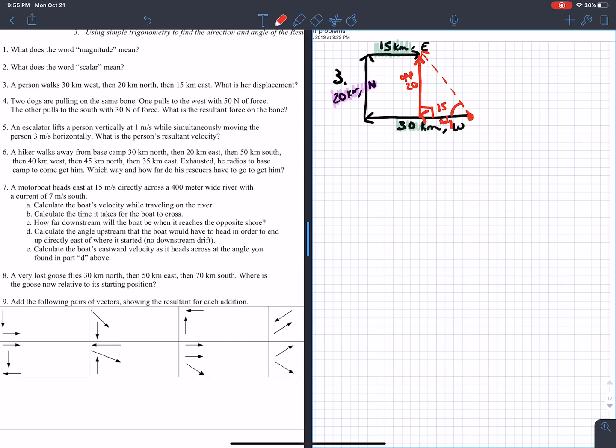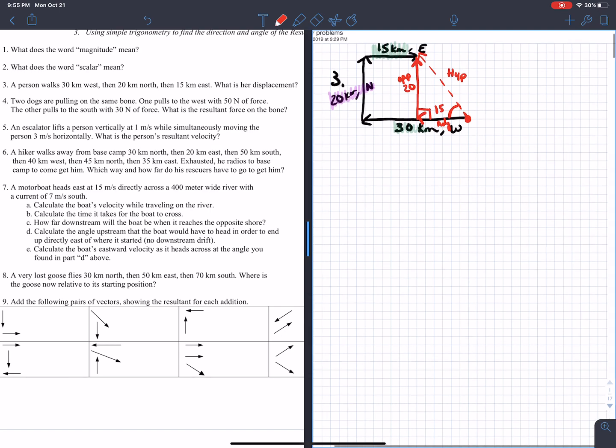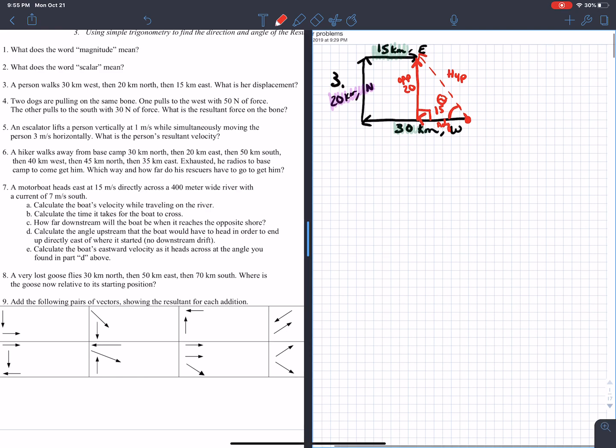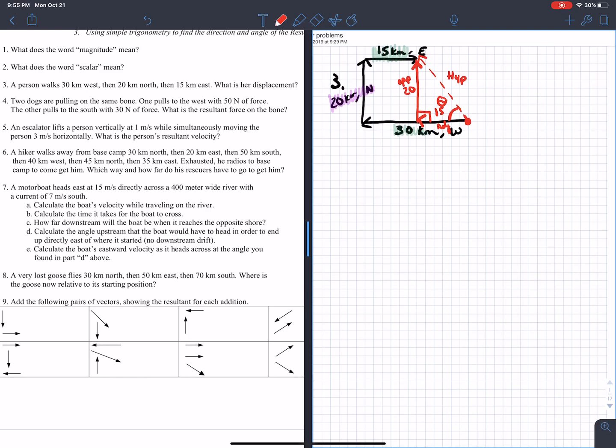Now, what this involves is this side right here. That's your hypotenuse. And we need to find theta. You have two sides of the right triangle. You have 20, you have 15. So I'm going to choose the easy route out. I'm going to use the Pythagorean Theorem and say 20 squared plus 15 squared.